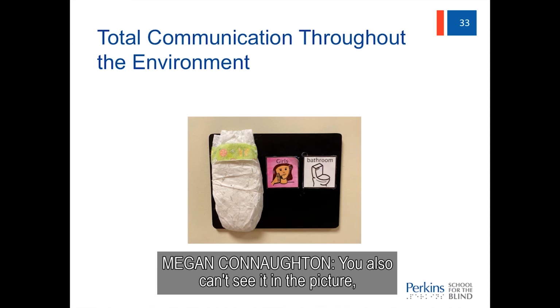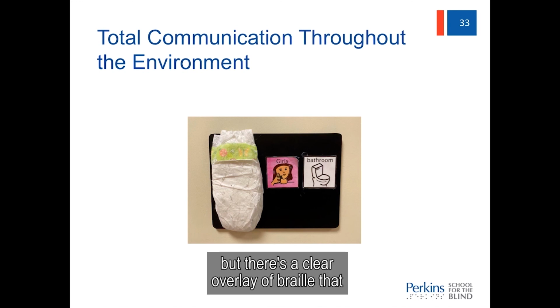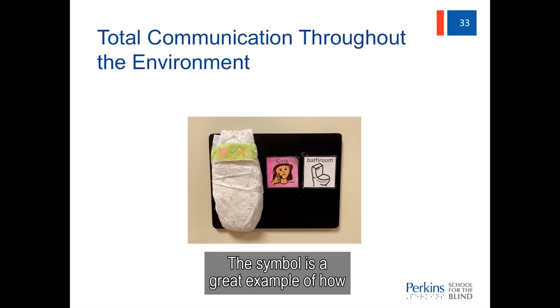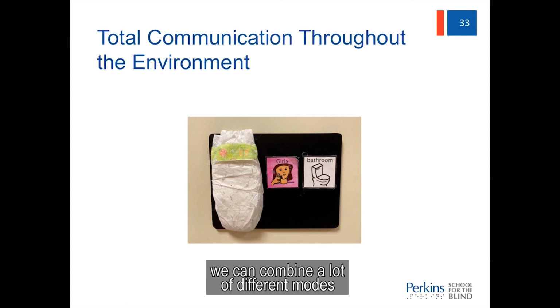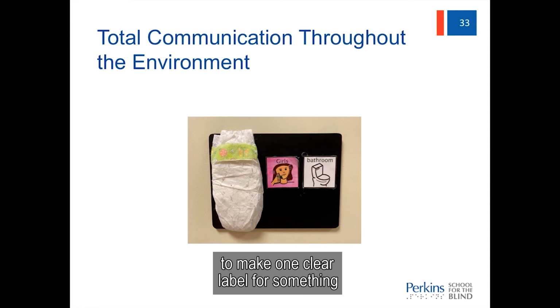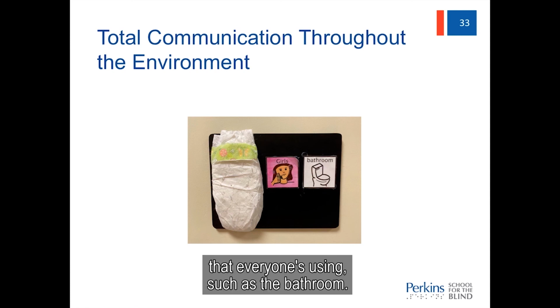You also can't see it in the picture, but there's a clear overlay of Braille that says girl and bathroom. This symbol is a great example of how we can combine a lot of different modes of communication that different students are using to make one clear label for something that everyone's using, such as the bathroom.